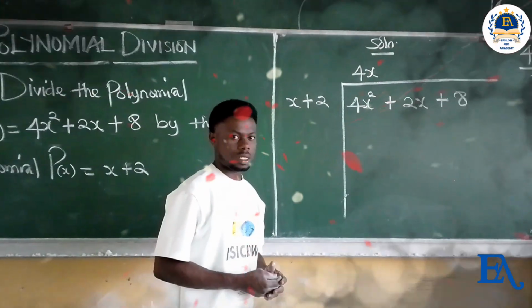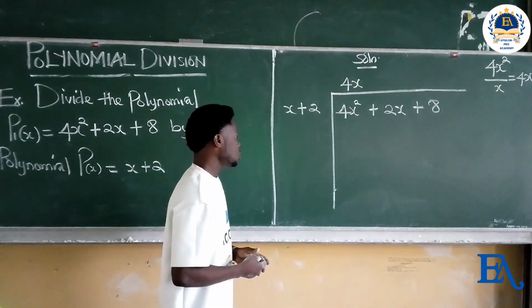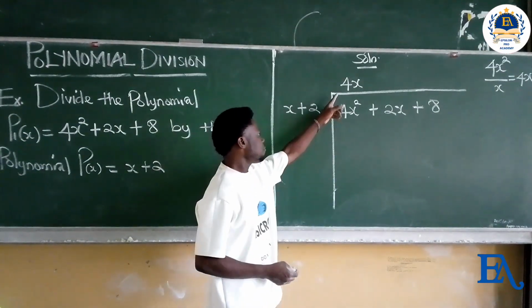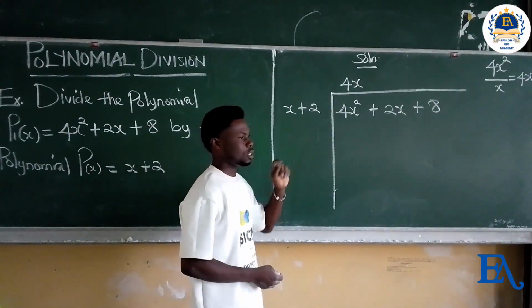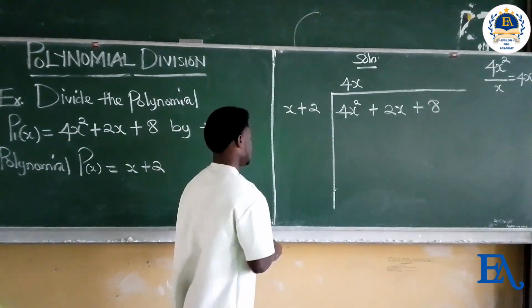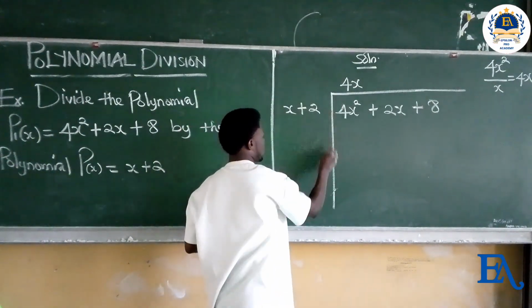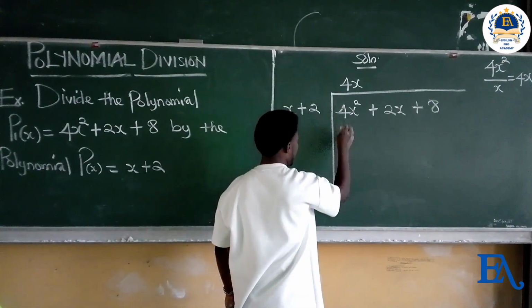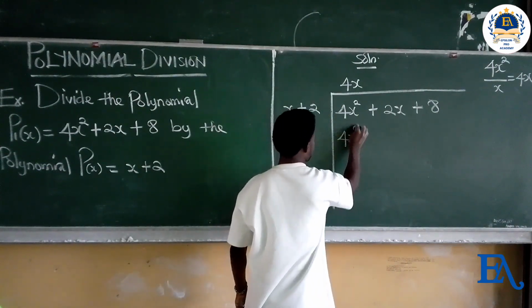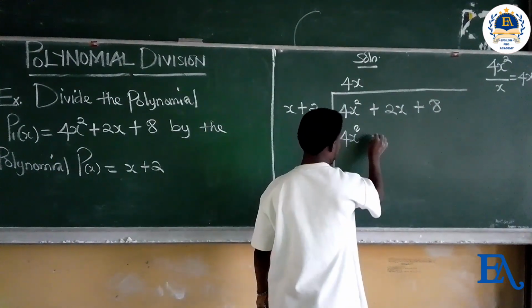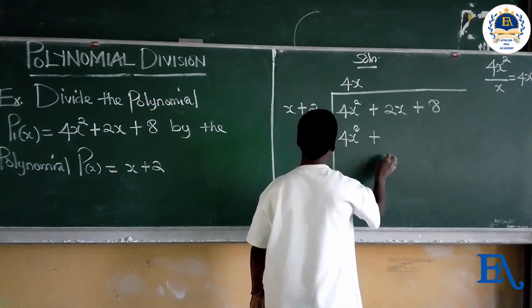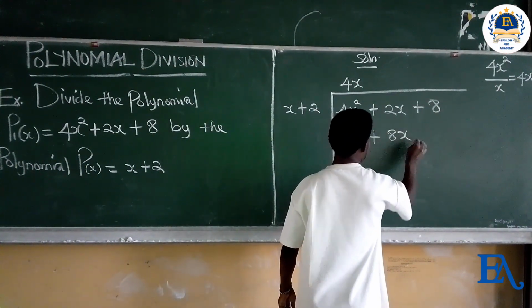Now the next thing, which is step number 2, is to multiply the first term of the quotient by all the terms of the divisor. So that is to say, x times 4x, and x times 4x gives 4x squared, then plus 2 times 4x gives plus 8x.